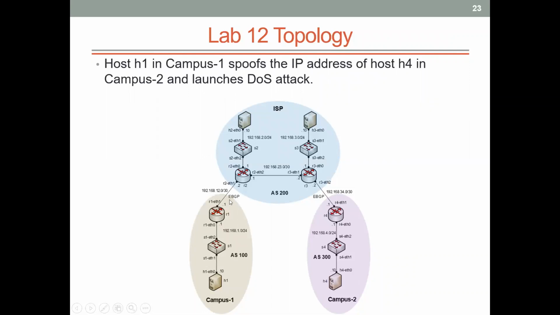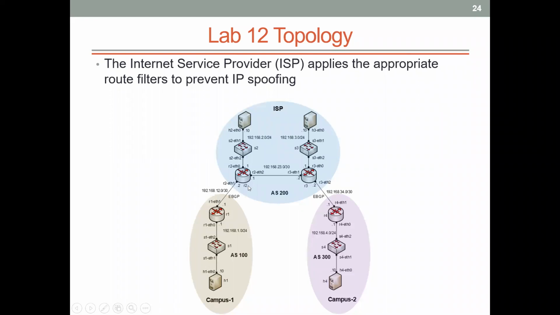So overall, campus 1 is going to launch packets having the source 192.168.2.10 or so on. In order to mitigate the IP spoofing, on router R2 we will apply the appropriate route filters on campus 1, or its customer, and similarly the same thing will be applied on the other end, which is router R3.